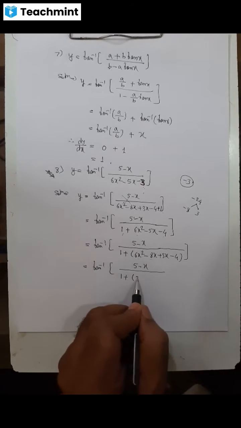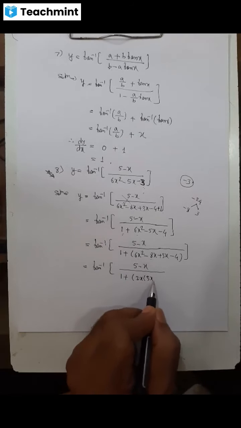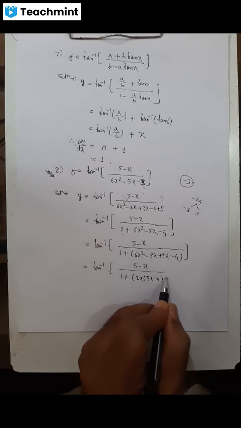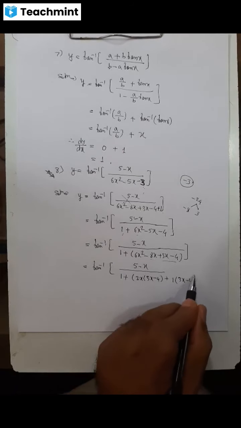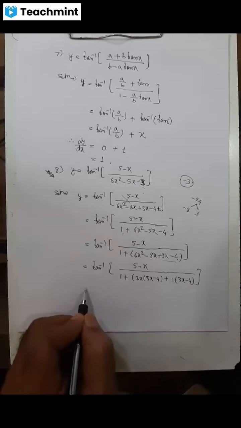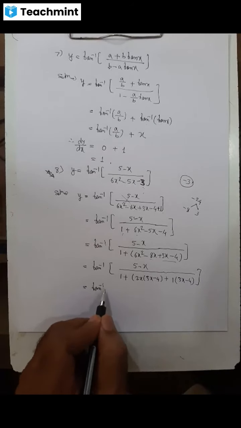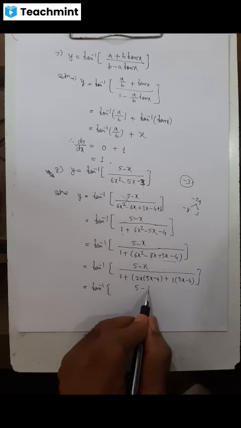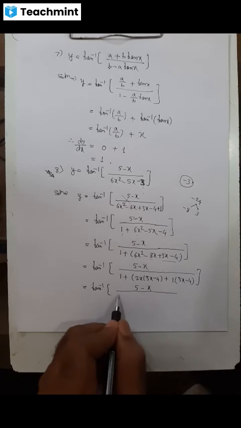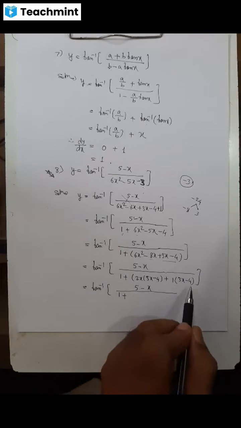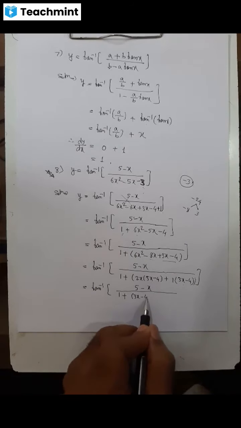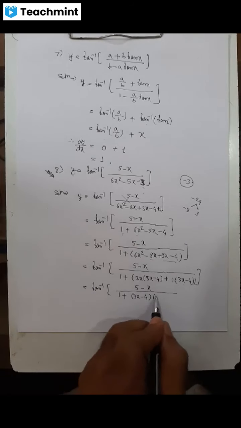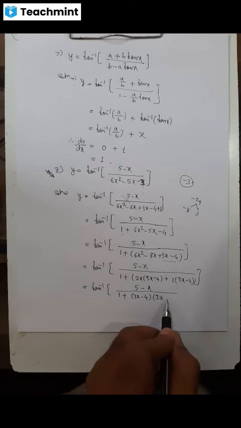What is common? 2x common. In bracket 3x minus 4, plus from these two terms 1 common, in bracket 3x minus 4. So it is equal to tan inverse, numerator 5 minus x and denominator 1 plus. We can take 3x minus 4 common, and in the second bracket this 2x, and this common means plus we get 1 here. So these are factors, right?